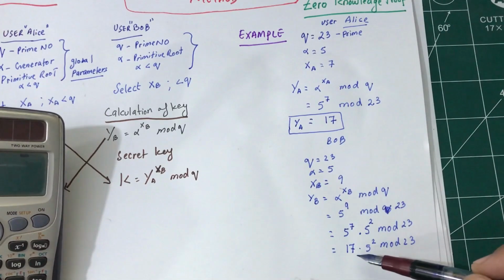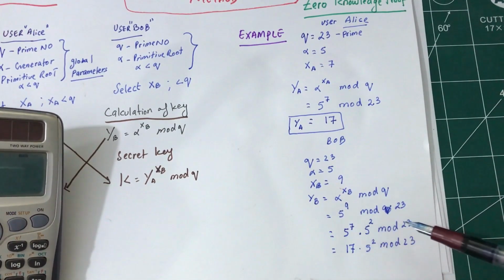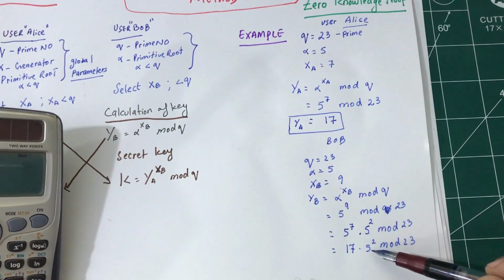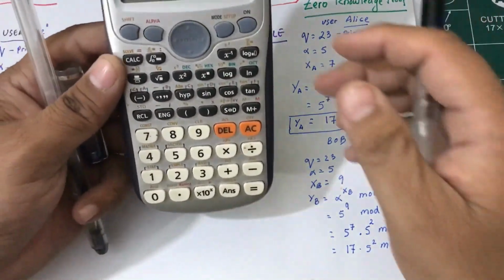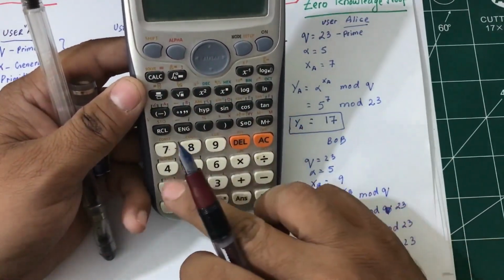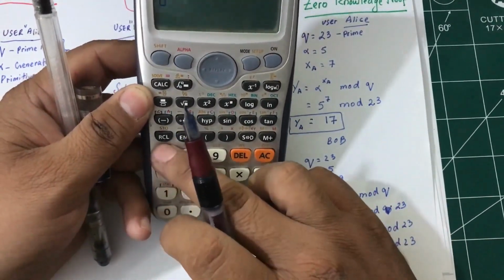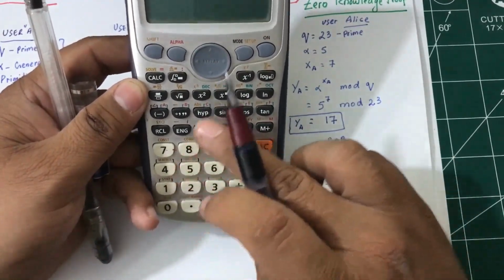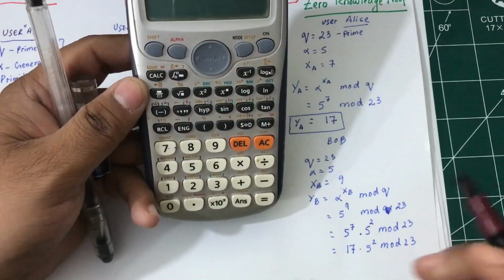This is 17. So I'm going to replace 5 raised to 7 mod 23 with 17. Then I have 5 raised to 2 left. Now it's a simple problem: 17 multiplied by 25 divided by 23.